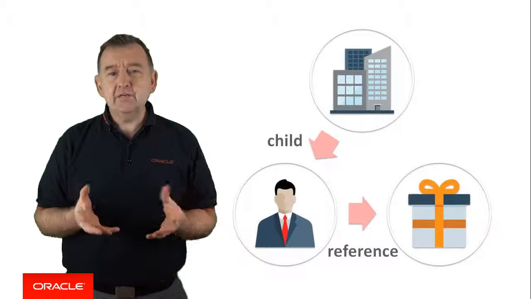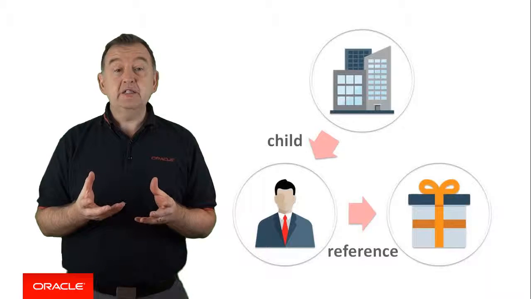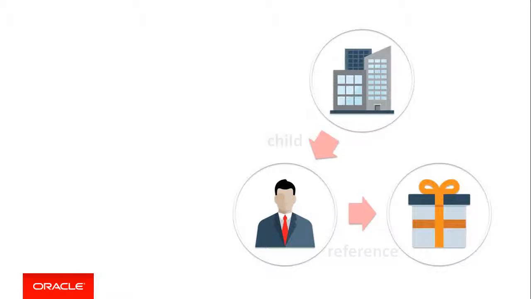Now, how does any of this impact the REST APIs that we create? With the Express API and MCS, you can define these relationships and the Express API will create the appropriate URI and payload schemas. So for the department resource, Express API will give us a GET department ID in order to retrieve a specific department.